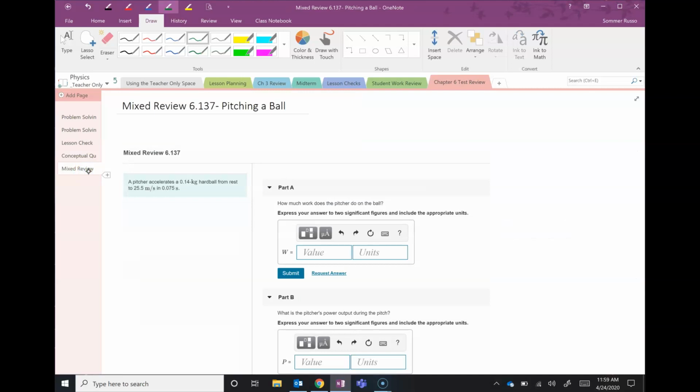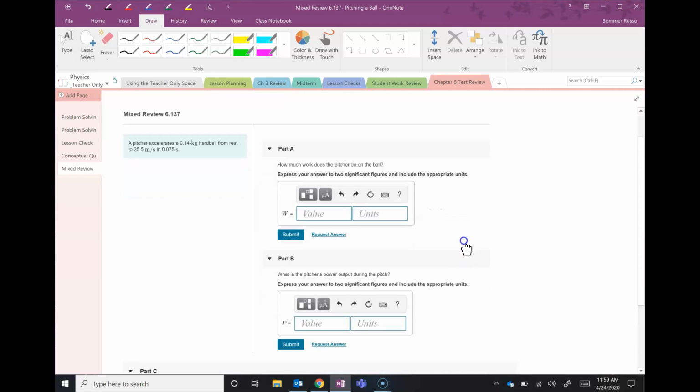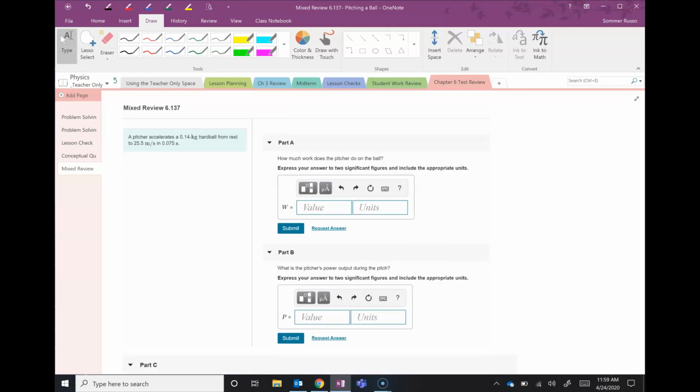All right. Last question. Again, we're looking at that sort of change in kinetic energy is equal to work idea. We're given a ball that has a mass of 0.14 kilograms. We're accelerating from rest, so our VI is 0 meters per second, and our VF is equal to 25.5 meters per second.